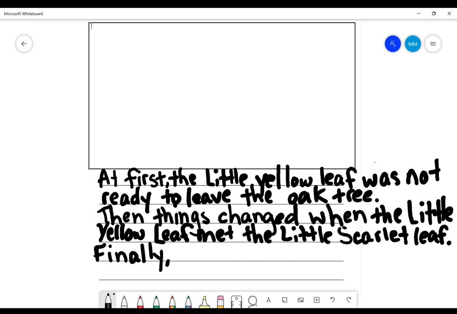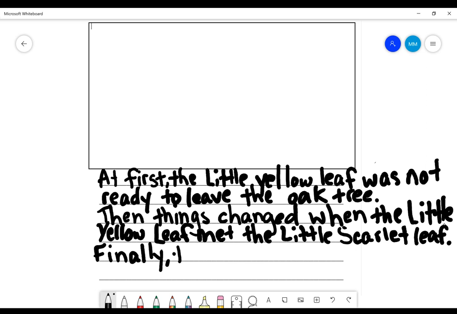Okay, so I'm going to go back and reread it to make sure that I am retelling it the right way. At first, the little yellow leaf was not ready to leave the oak tree. Then things changed when the little yellow leaf met the little scarlet leaf. What happened at the end of the story? What did both of the leaves do?